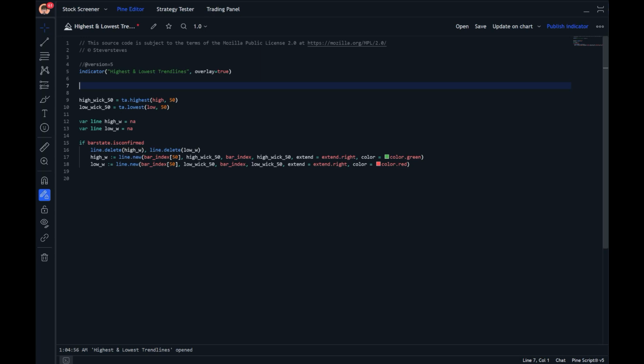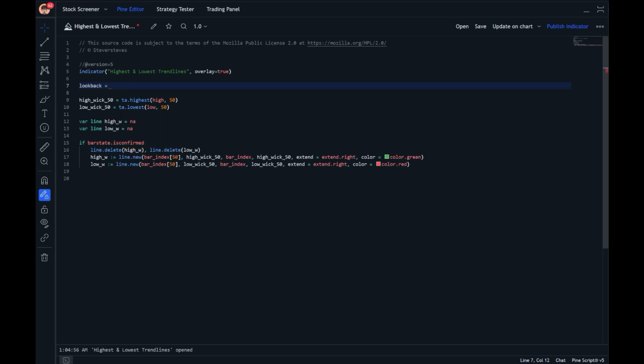It just doesn't make sense to Pinescript. So we need to define an interval that is customizable from the user. And how we do that is we have to create a variable and assign it the command for interval input.